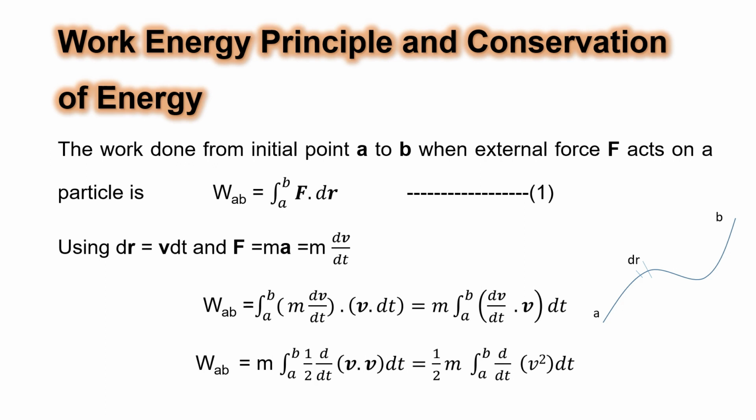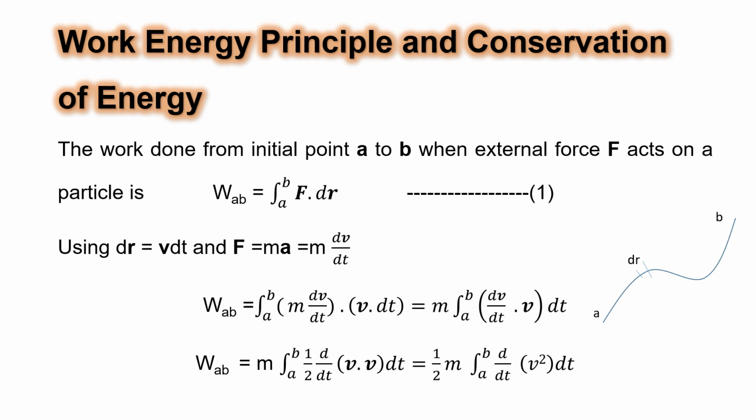Now we know that force F is equal to ma, and acceleration is the rate of change of velocity. Here acceleration in small infinitesimal parts is given by dv over dt.